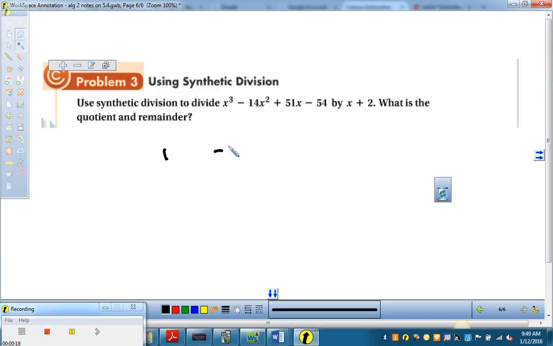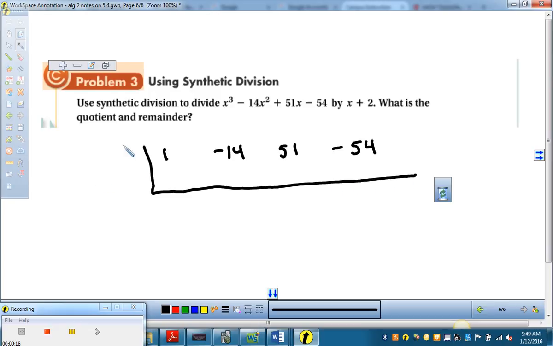Then negative 14. Then 51. Then negative 54. And I set it up slightly different than they do in the book. If you prefer their way, you can take a look at that. And then we are dividing by the 0. So the factor is x plus 2, so the 0 is negative 2. Okay, so that's the setup for synthetic division.